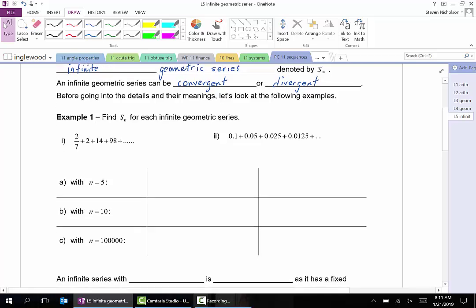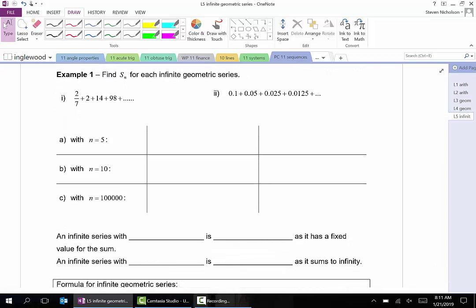So here's a little exercise, and if you want to pause the video and do it yourself, you can. You are going to use a formula from your homework for the other day. You would decide which formula to use to figure out the sum of these two series, and they are geometric.